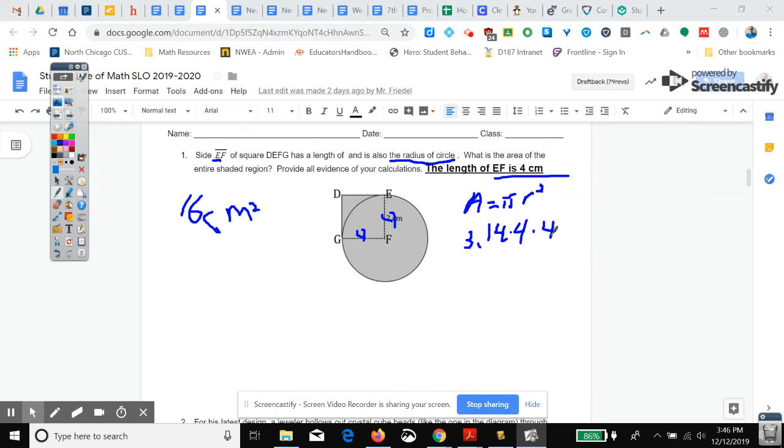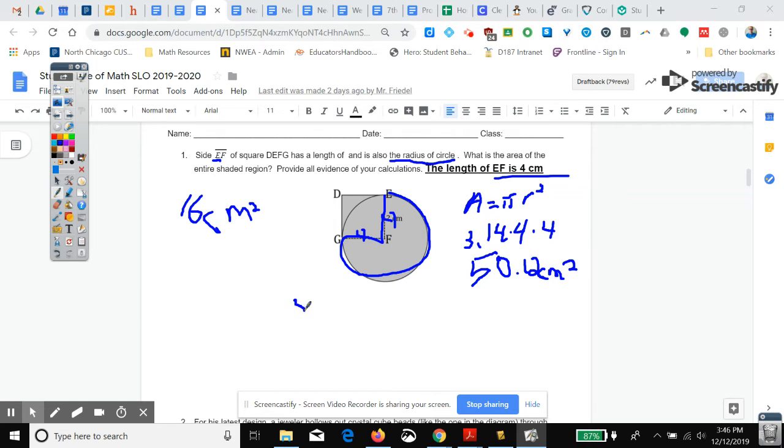We already know 4 times 4 is 16, and 16 times 3.14 ends up being 50.12 centimeters squared. But I don't need the whole circle. I only need this part. So that's 3/4 of the circle.